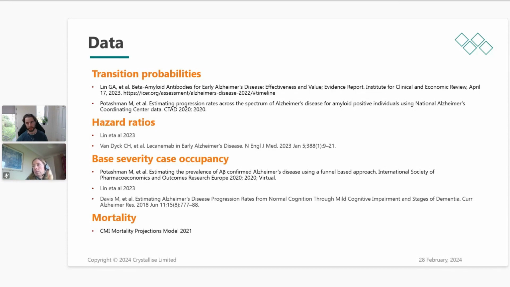And for this particular exercise, we just focused on individuals aged 65, males and females, and we used the HTA assessments as our validation of the outputs themselves.